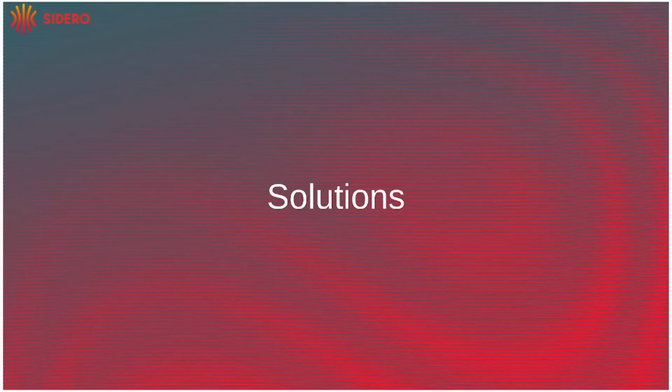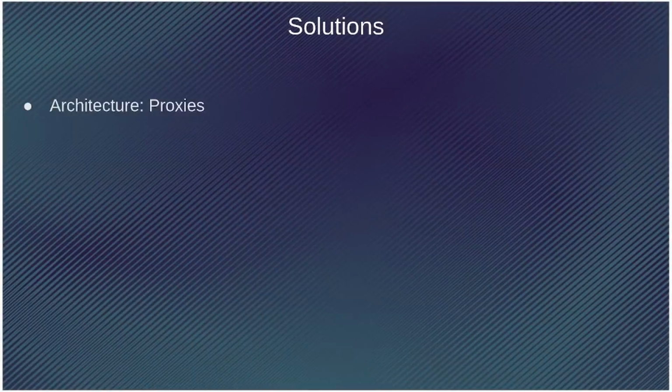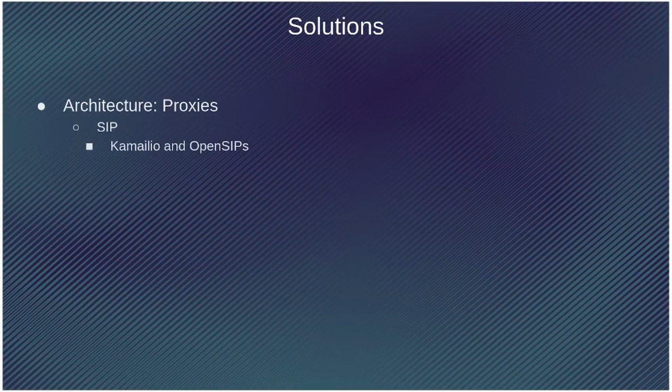So your first line of attack is to make liberal and effective use of proxies. While you can't generally make use of HTTP proxies or load balancers for VoIP, there do exist effective SIP and RTP proxies. For SIP, you have Kamailio and OpenSIPS.